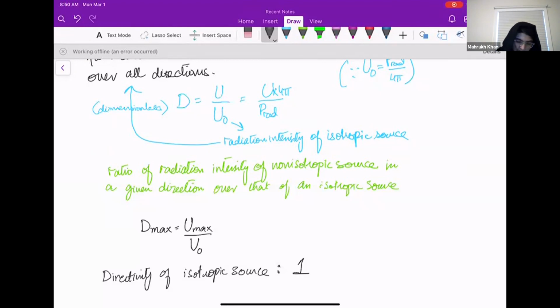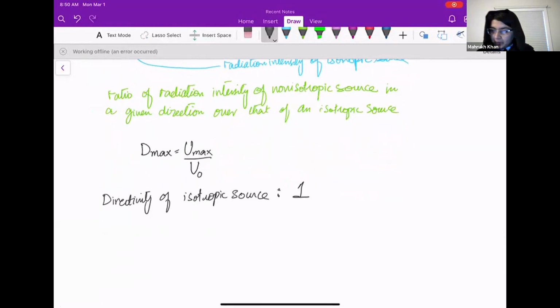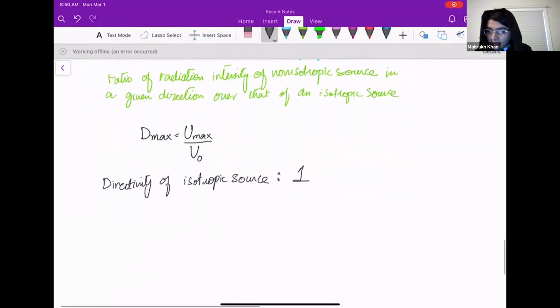Sometimes you have multiple patterns in different directions, right? In that case, you define the partial directivity.